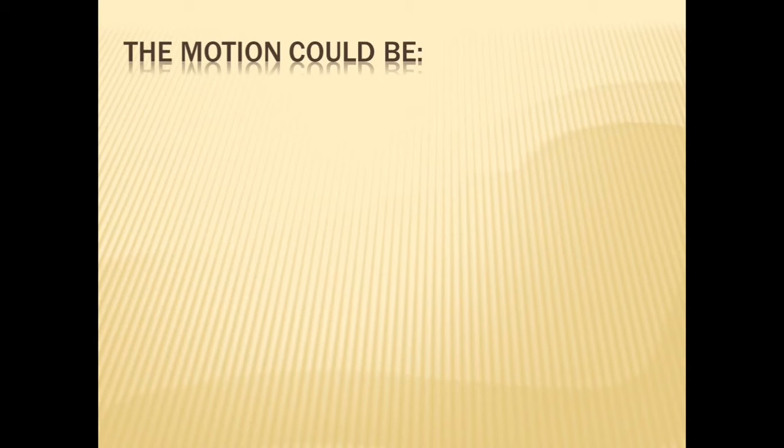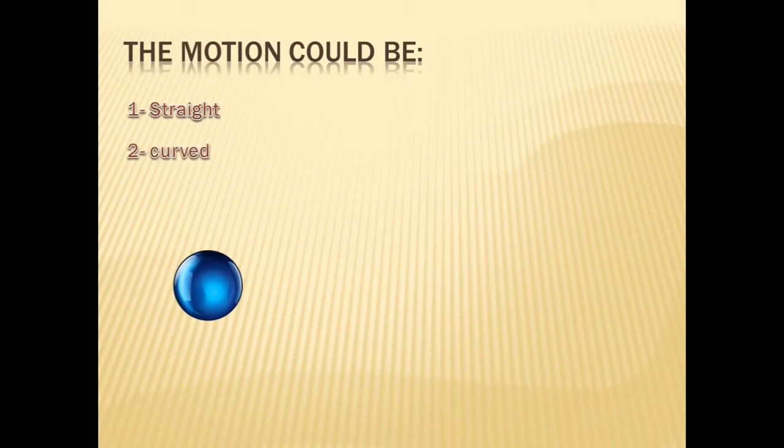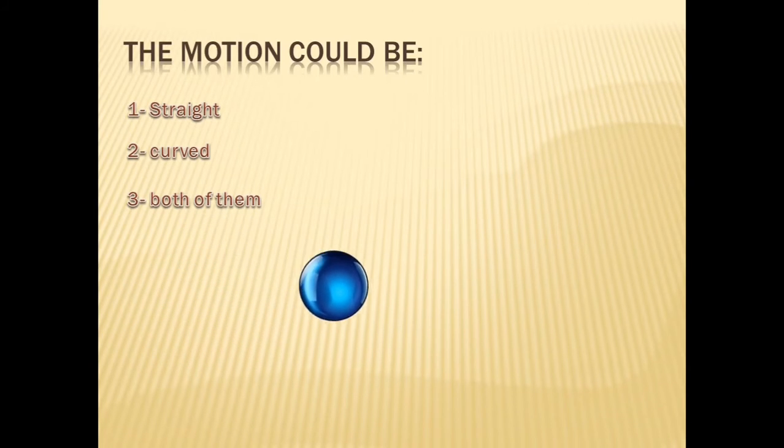The motion could be straight, like this, or curved, this is the second type, like this, or number 3, both straight and curved at the same time, like this motion.